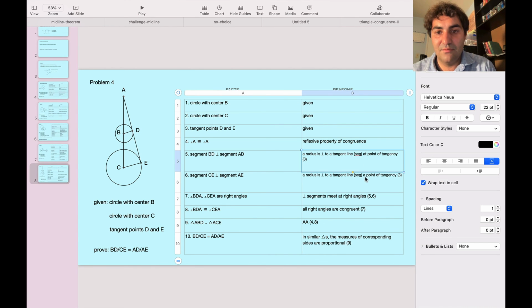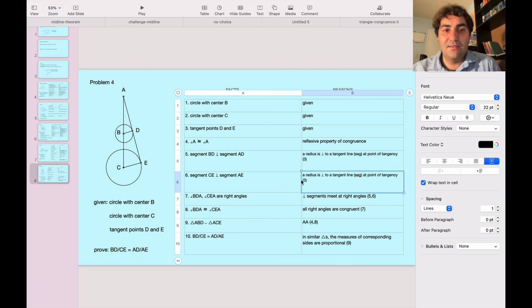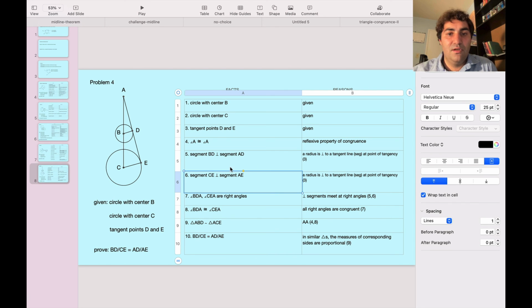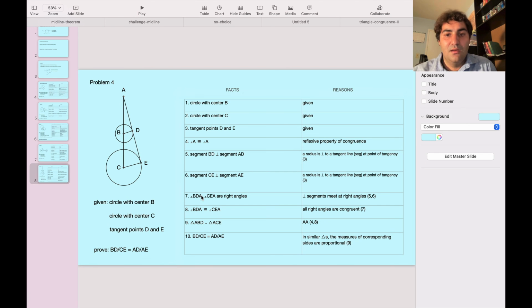So we know that segment BD is perpendicular to segment AD, right? And segment CE is perpendicular to segment AE. So we know angle BDA, this angle here, and angle CEA are right angles, because perpendicular segments meet at right angles. So angle BDA is congruent to angle CEA because all right angles are congruent.